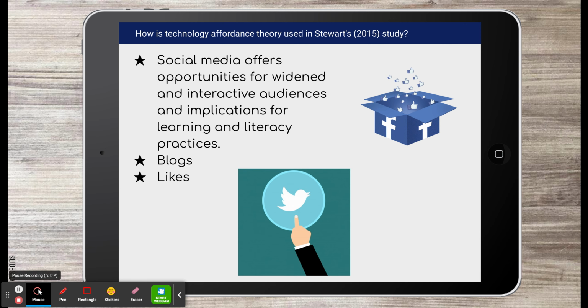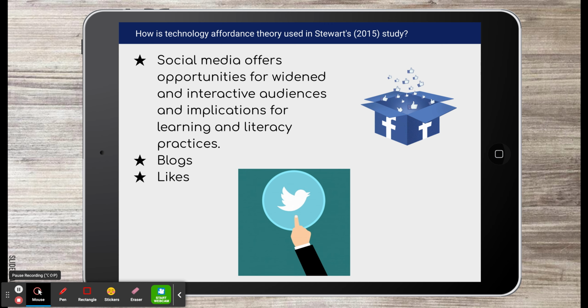So, one of the things they stated there is the first thing, the widened and interactive audiences, in that they are discussing Facebook. The teacher is able to utilize Facebook to have students research and give each other feedback.